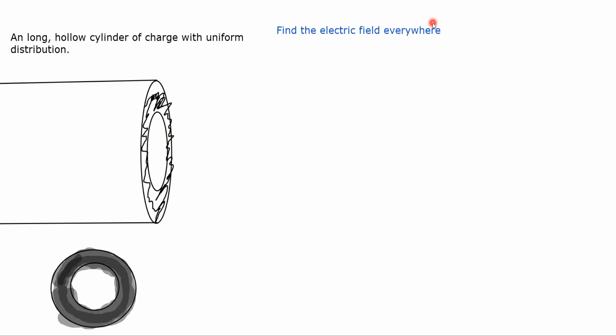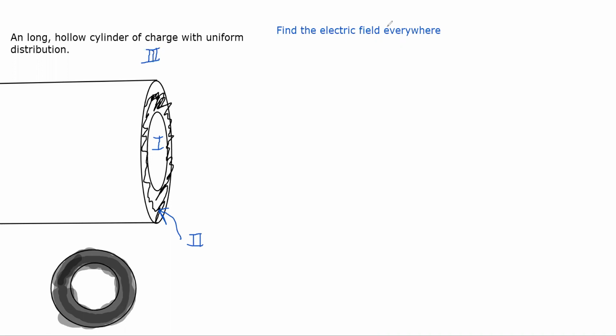So how many regions of space do we have here? Well, we got the inside, region 1. Then we got region 2, being the cylinder itself. And region 3 is outside the cylinder. So we got three regions of space here.